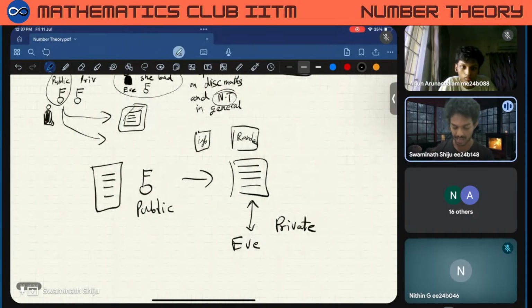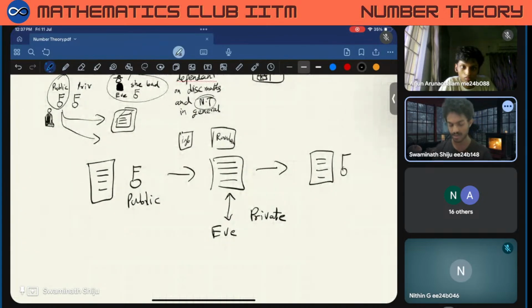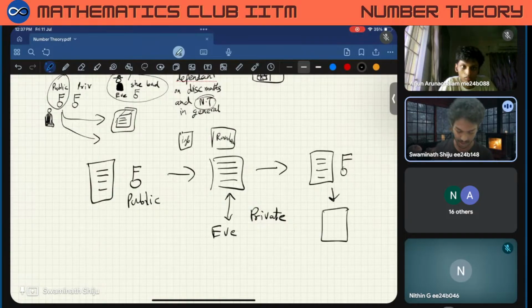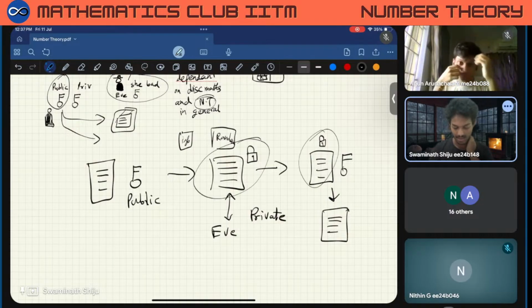But when this comes to Alice, she can use the private key and convert this back to the normal message. This is the encrypted message. Draw a lock. Yeah. You can't read this. You read this, it'll be just gibberish. You won't understand anything. This, however, is the message that Bob wants to send.